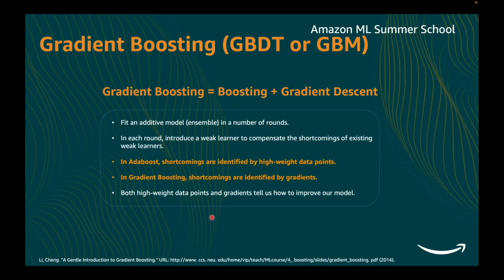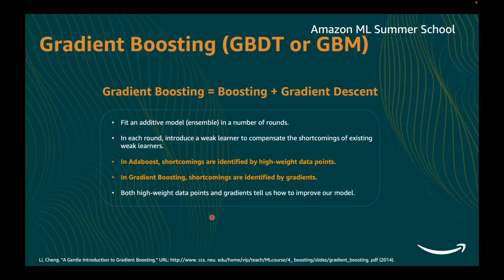It can be a very simple decision tree, or even a decision tree with just one rule, which is called a decision stump. And over a number of rounds, you're iteratively using that simple learning algorithm to create a better and better classifier, or a better and better regression model, right? So in each round, you introduce a weak learner to compensate for the shortcomings of the existing weak learners.